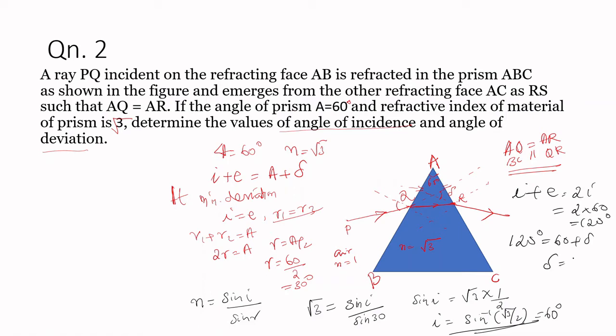So delta is equal to 120 minus 60, which is 60 degree. So both our questions are answered. One is angle of incidence and the other is angle of deviation. So the main thing to remember is this: since AQ is equal to AR, BC becomes parallel to QR, and that is a condition of minimum deviation for a ray of light in a prism.